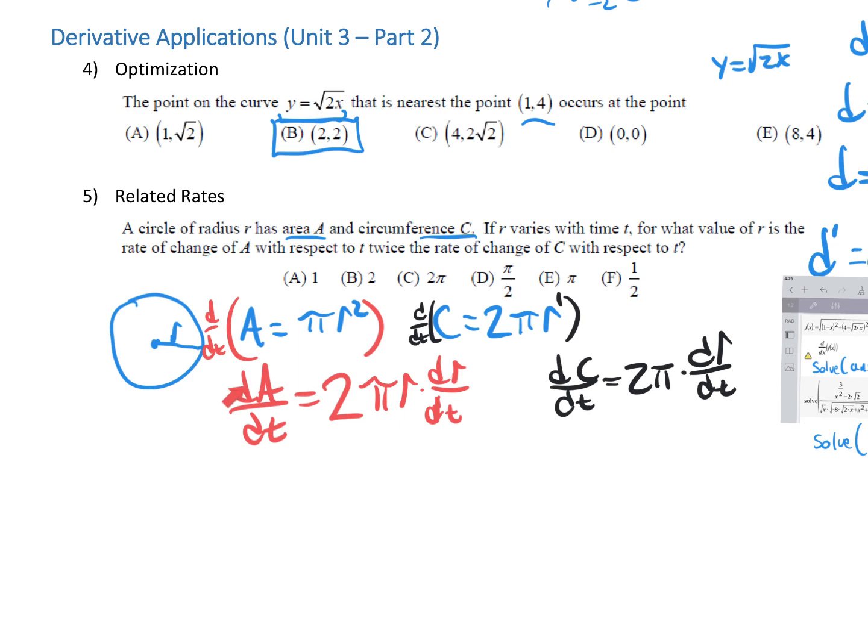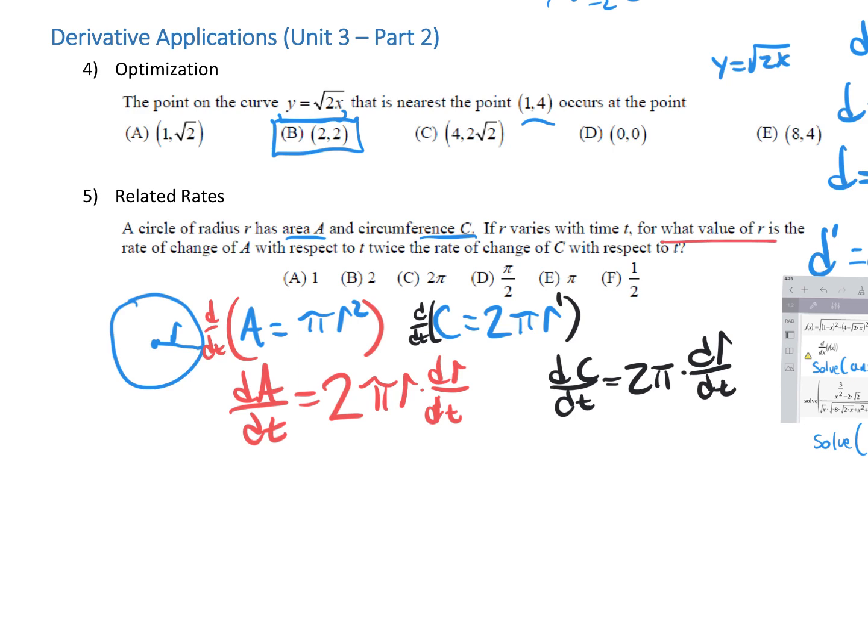So now we got our dA/dt's and dC/dt's. Now this one has a little unique twist. A lot of these problems have a little unique twist, and that's okay. Just start writing it out. We were not told the radius or the change in the radius, which of course we're trying to solve for radius. What value of r? That's what we're looking for.